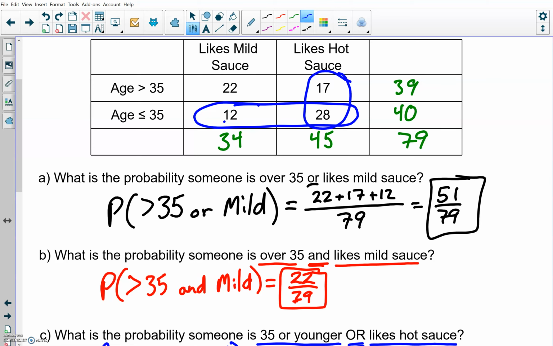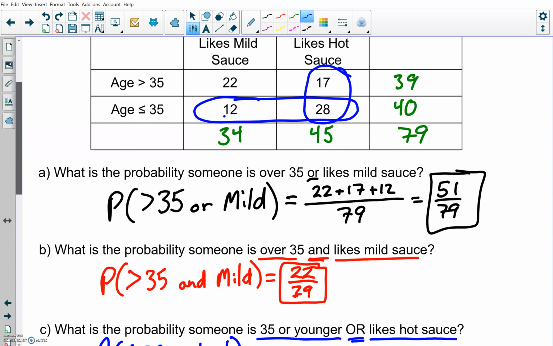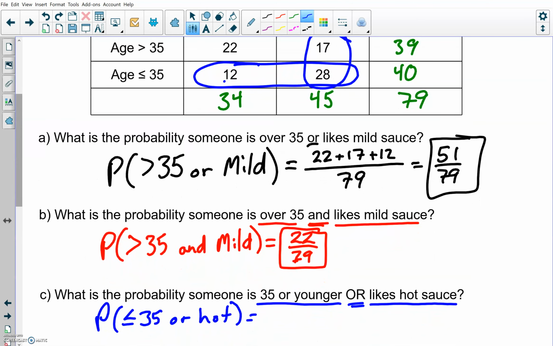And then I want to just add together those three numbers that I circled. Again, you don't double count the overlap in the intersection. So this would just be 12 plus 17 plus 28, no particular order there, over 79, the total number of people in the survey. And this ends up being 57 out of 79 for the probability.